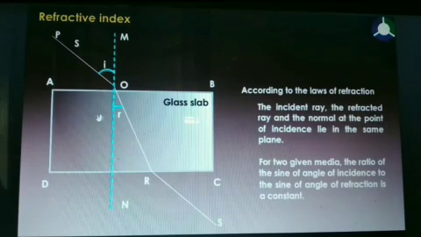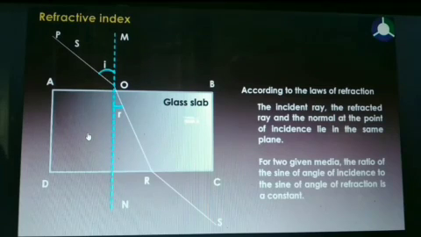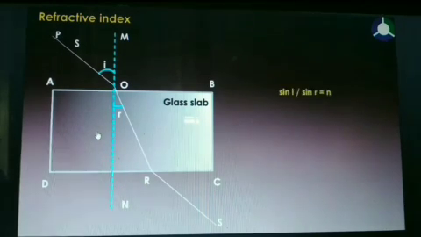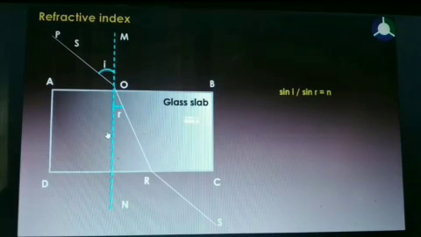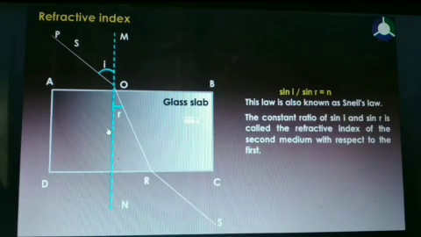For two given media, the ratio of the sine of angle of incidence to the sine of angle of refraction is a constant. Sine i upon sine r equals n. This law is also known as Snell's law.